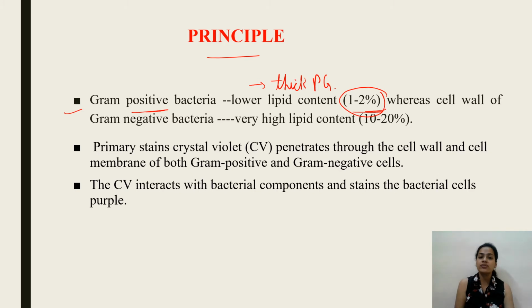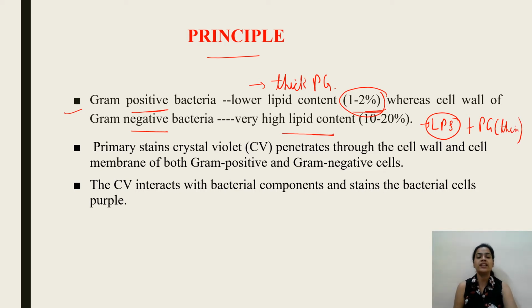Whereas in gram-negative bacteria, the lipid content is very high because of the presence of a huge amount of lipopolysaccharide, plus the peptidoglycan layer is very thin. We have to keep these key points in mind, then we can understand the principle more clearly.